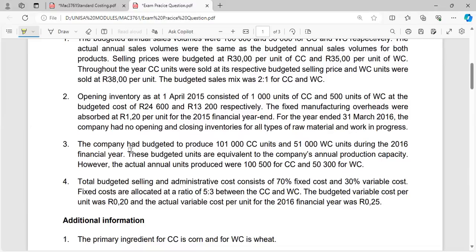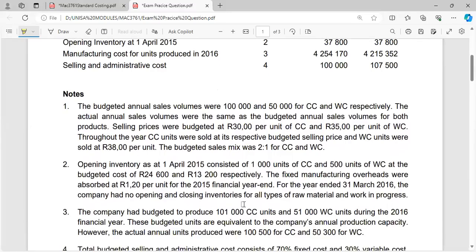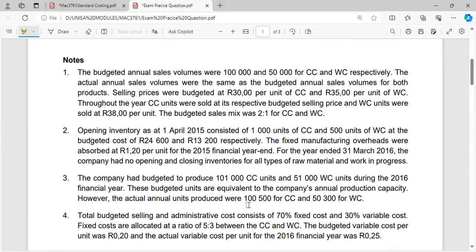Like here, when you are doing your sales variance, you just come here and say the company budgeted to sell this much, and what was the actual sale? So that's how you determine.